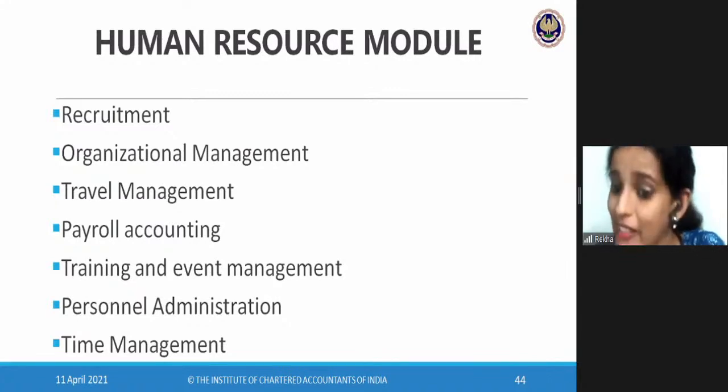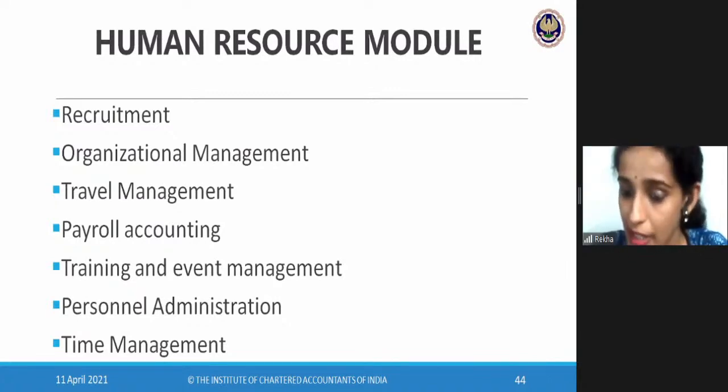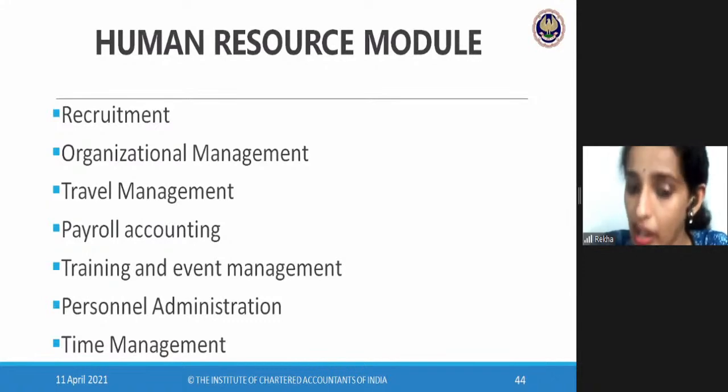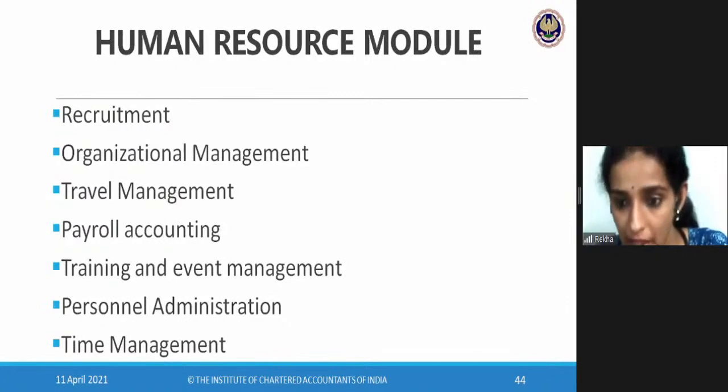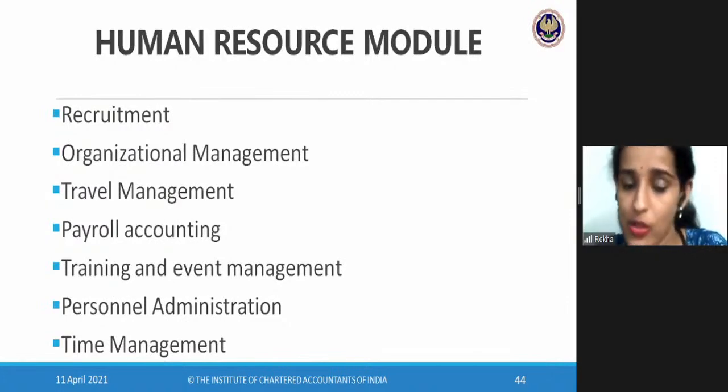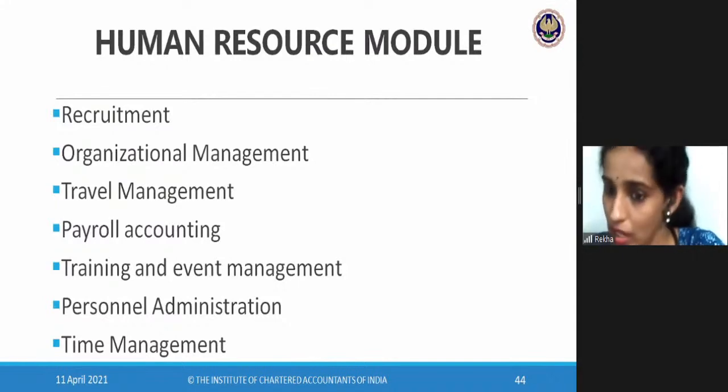You will be given training, a knowledge transfer, KT. Only after this training will you actually be put into work in that particular department. So training, event management, personnel administration, time management, keeping track of your attendance, all this will be dealt with by your HR module.